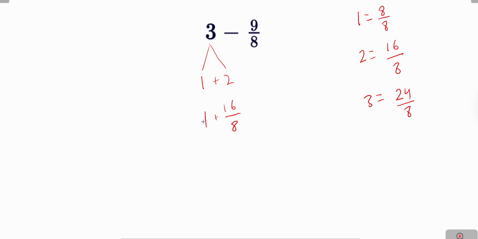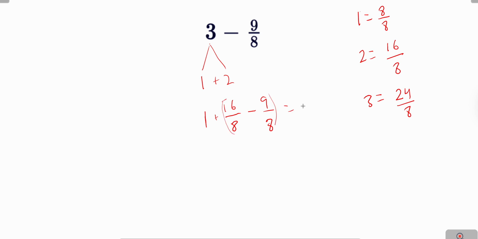So this is still equivalent to 3 wholes. You see? 1 plus 2, because this is 16 out of 8. That is the same thing as 2 wholes. So minus 9 eighths.